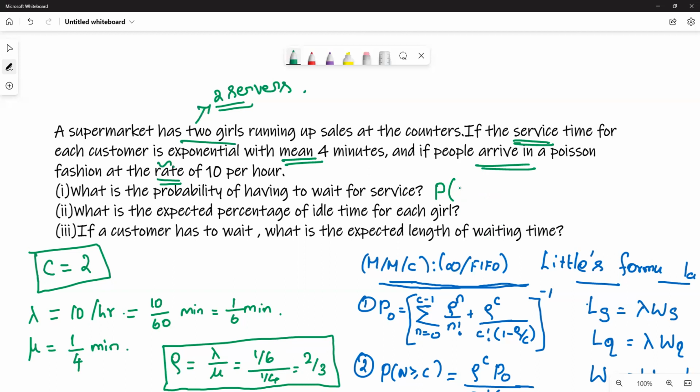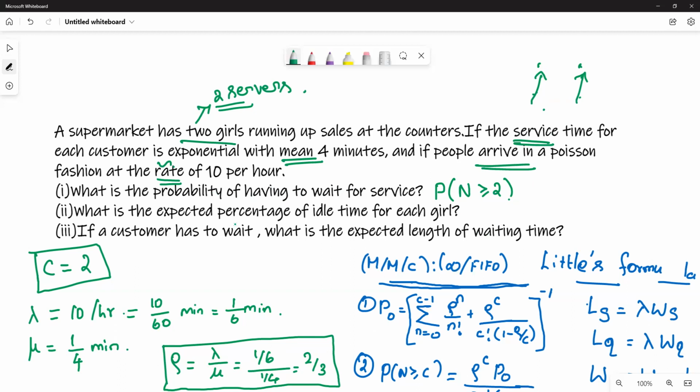Because there are two servers already, until two customers arrive, they'll get the service immediately. Only when there are more customers than that do they have to wait. If the number of customers in the system is less than 2, they need not wait. If it is greater than or equal to 2, they have to wait. So the probability that the arriving customer has to wait for the service is the probability that the number of customers in the system is greater than or equal to 2.